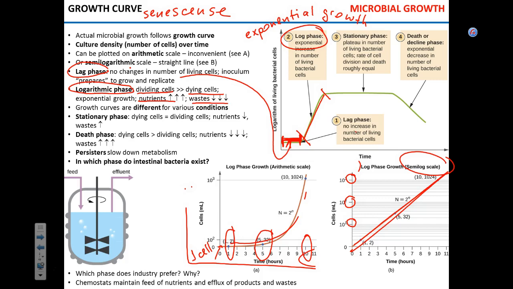And at some point, the number of dying cells will be equal to the number of newly divided cells. So the population will exist in stable numbers. Now remember, the curve that we're looking at in this image is the logarithm of living cells. Does that make sense?